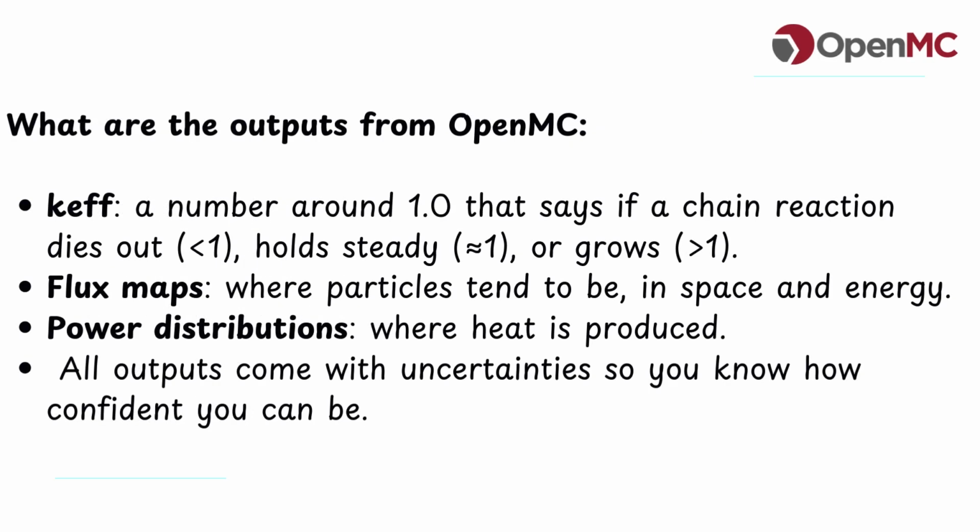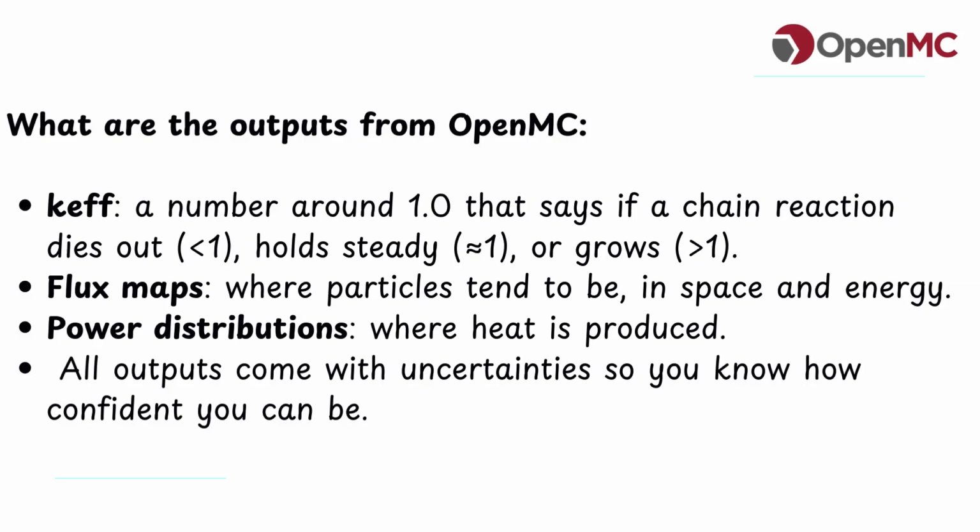Some of the outputs we get from OpenMC are the k-effective number, which helps us know whether the chain reaction is increasing or decreasing compared to the previous one. If it is the same as the previous chain reaction, it gives us 1. If it is increasing, it gives us more than 1.